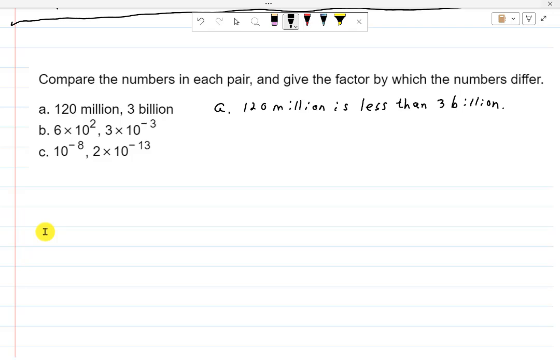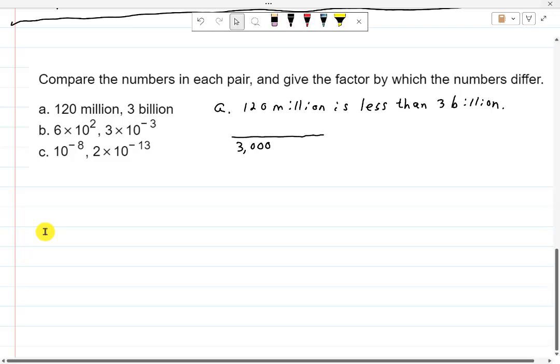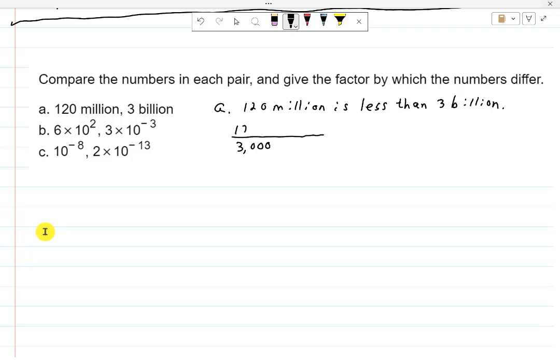In other words, they're going to look at 120 million divided by 3 billion. Now, a billion has 9 zeros. And in fact, let me take care of the million, change it to zeros here. 120 million is going to have 6 zeros.